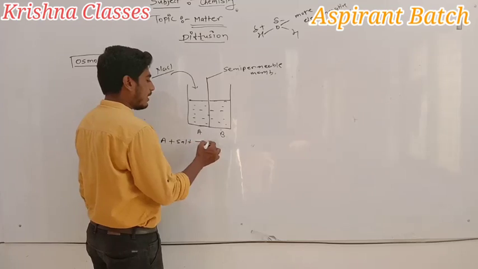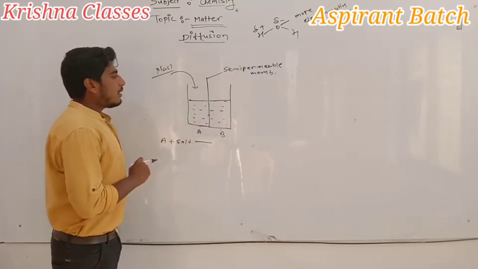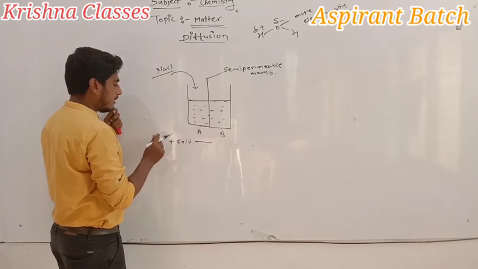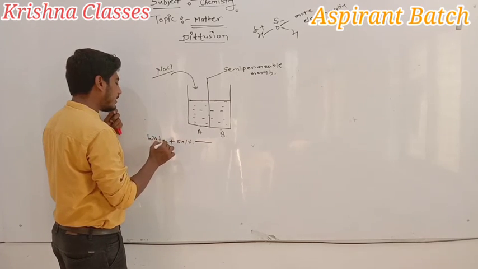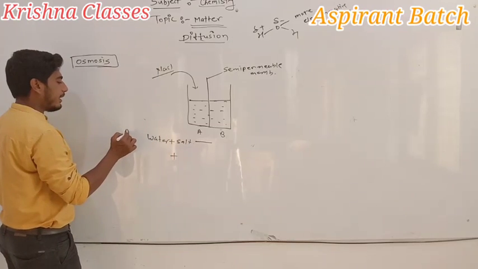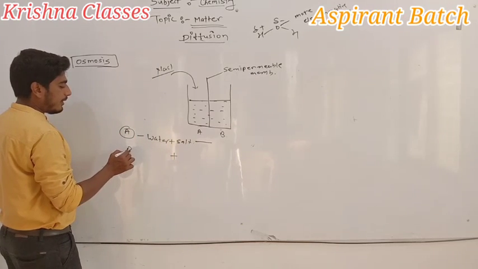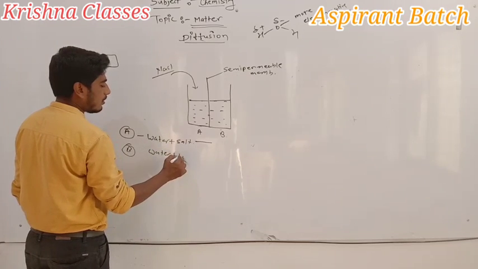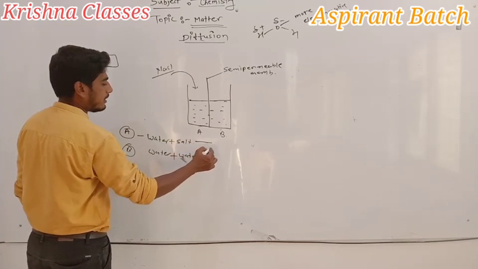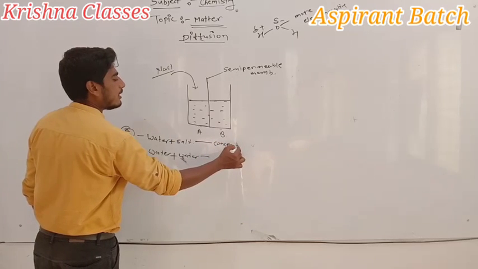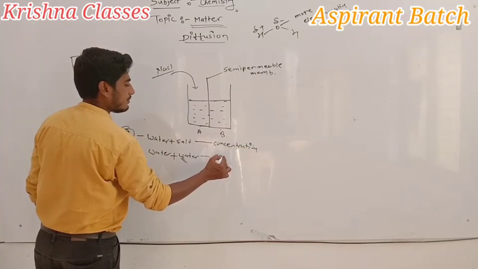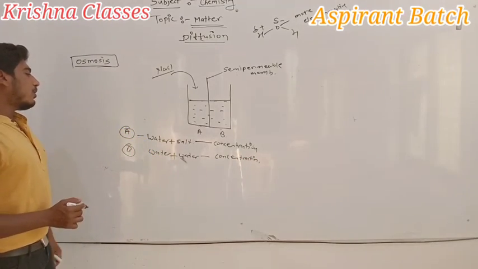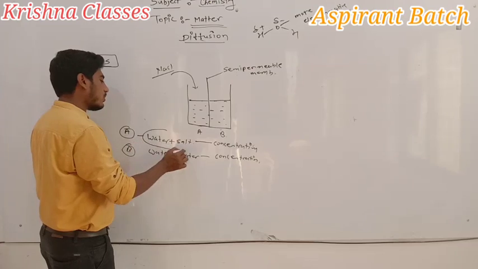And then what happens here? We know that in the A compartment, salt plus water is present, and for the B side only water concentration is present.